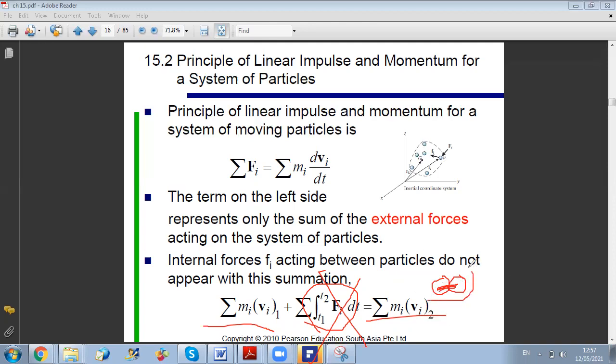Then when you take the system, this force will be internal, and once it's internal, the summation of external impulses will be zero, and then we can apply conservation of linear momentum. We will see this a lot in examples, and we will explain it in the coming slides.